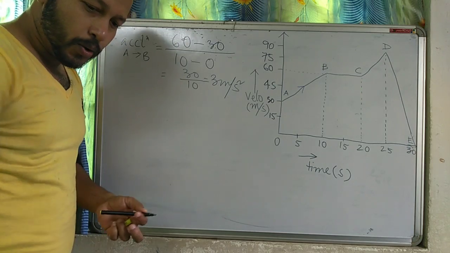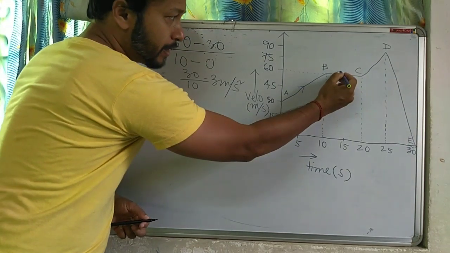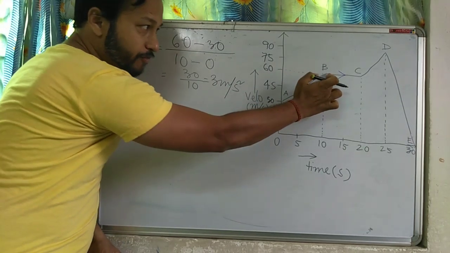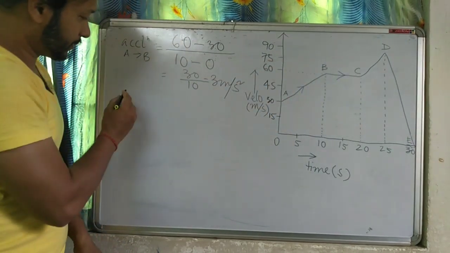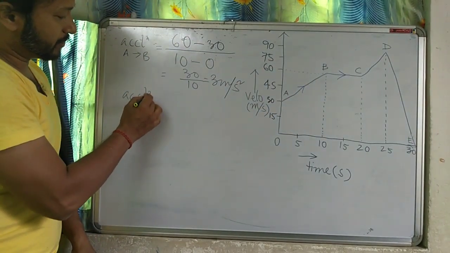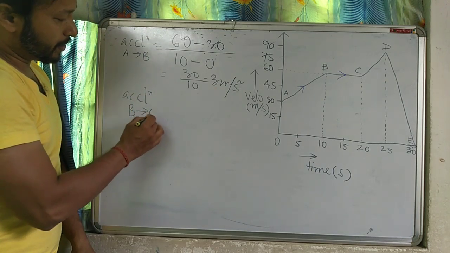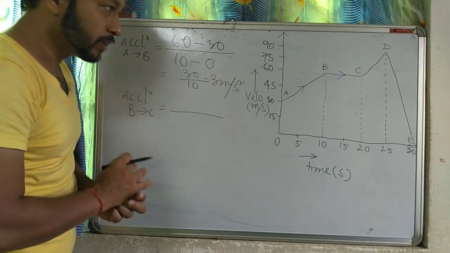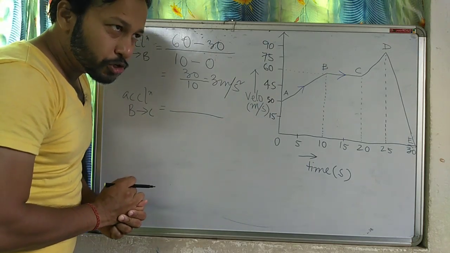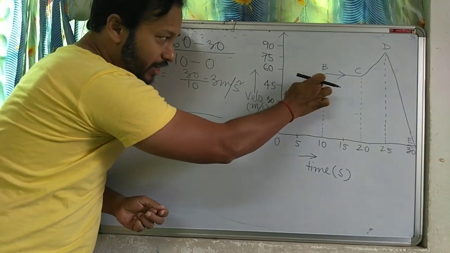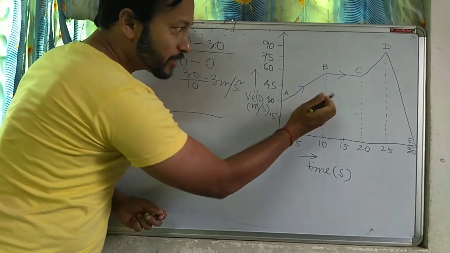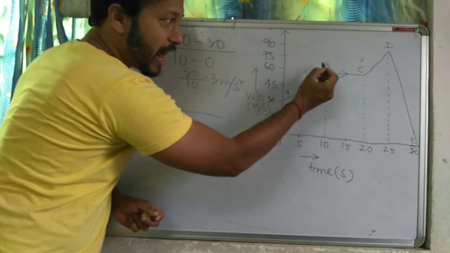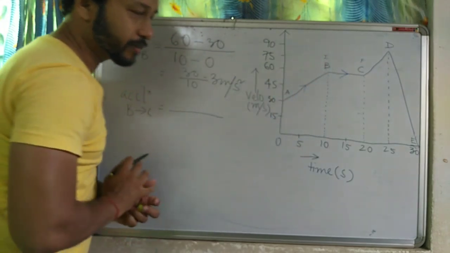Now we'll consider B to C. When the object is going from B to C, acceleration, same formula. Which is the final position? B? No. C is my final position and B is my initial position.